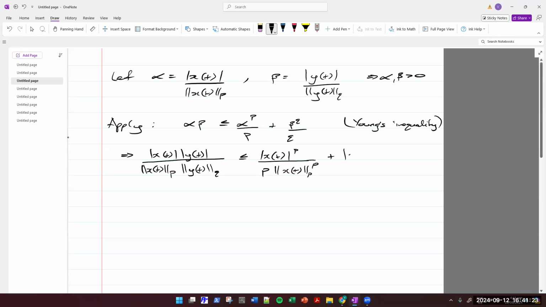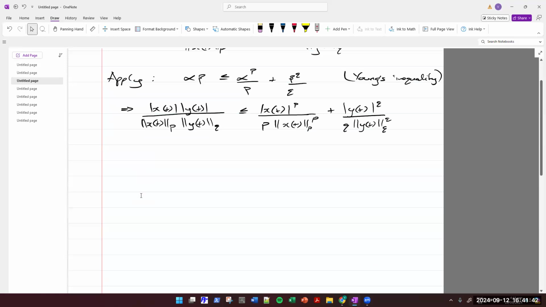Plus y, q by the norm of y, q, and I raise this guy to the power of q. Okay, so from here, very easy. You just integrate both sides from a to b. So now integrate both sides from a to b.